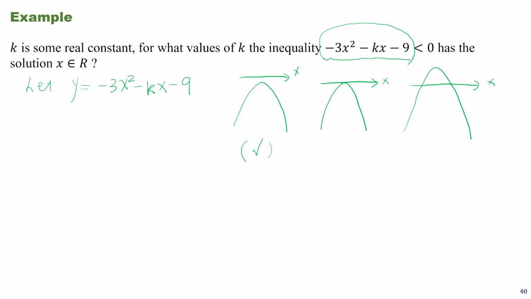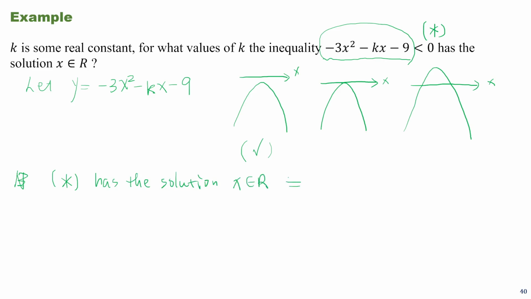So we need to ensure there are no zeros. Then the solution to this inequality must be x belongs to the real number set, right? So we could say, let's label it with star to facilitate our discussion. So star has the solution x belongs to real number set.